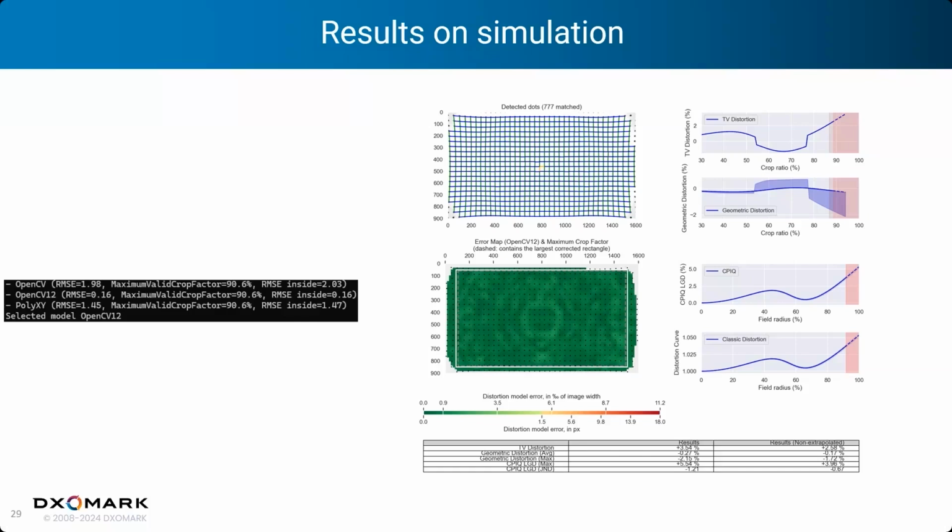This is also seen on the CPIQ distortion measurements, where we can see the variation going up and down. And in this case, we have the OpenCV12, which was the best fitted, which means that there is some little decentering that was measured, probably due to the positioning of the dots not centered in the image.